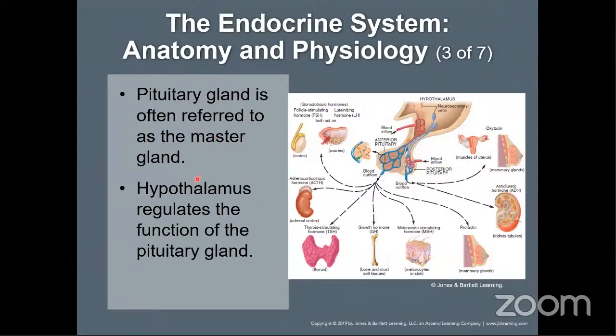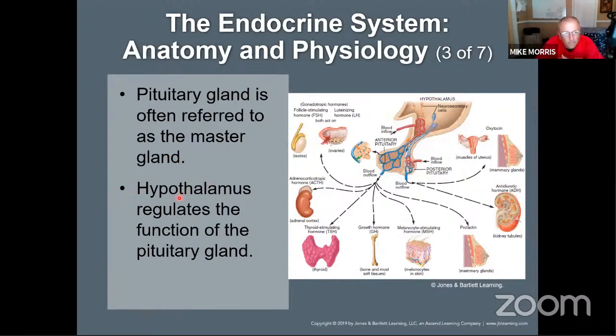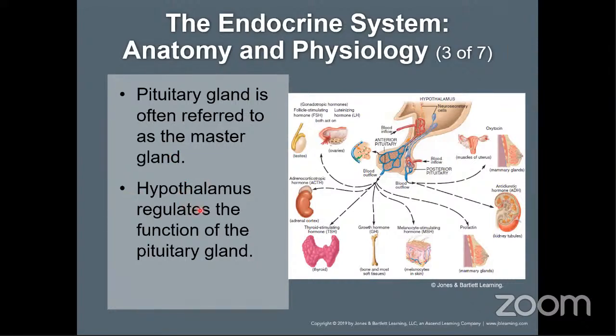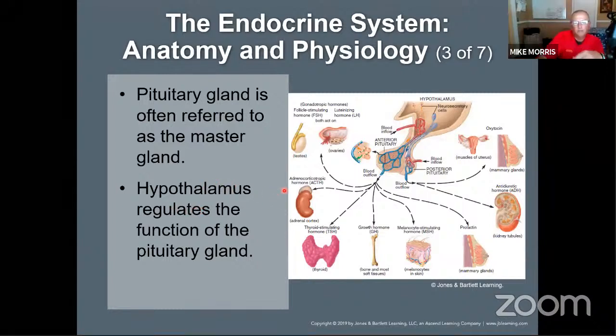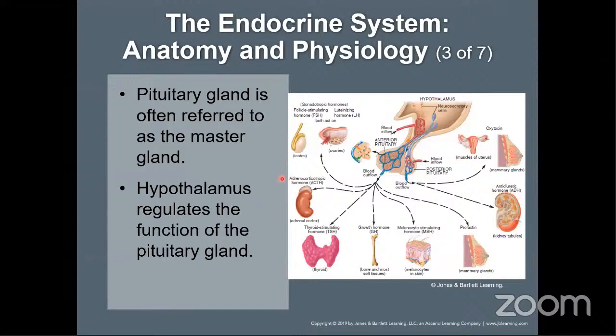I had a question about the Islets of Langerhans. Yes, sir. Go ahead. That's insulin and glucose, right? They're producing those, groups of cells. Yeah, that's correct. When we think of the Islets of Langerhans, we're thinking glucose.